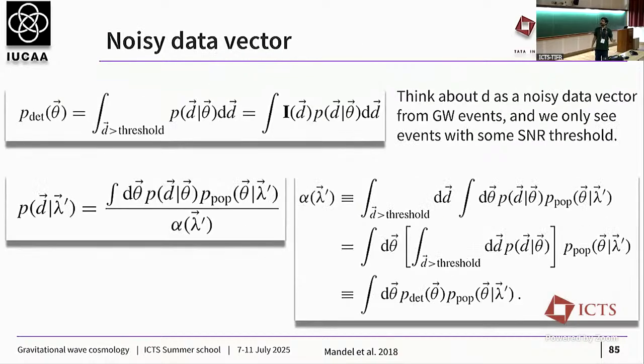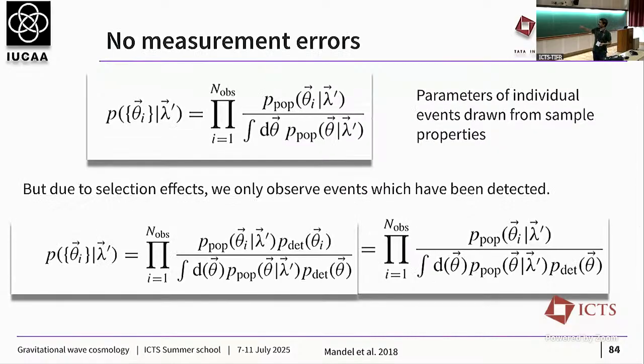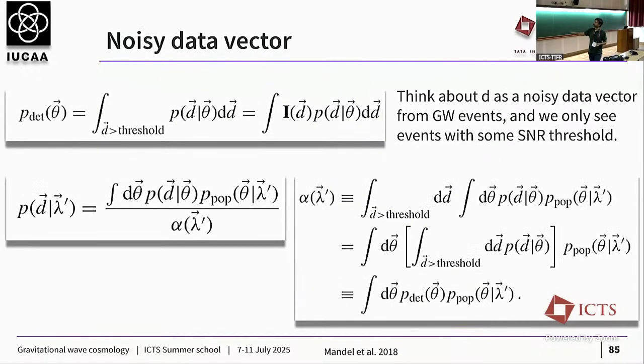Now let's go to a case where we have noisy data. In that case, this detection probability gets modified. Given a theta, you will have certain data vectors, so there are different possibilities. Given the noise realization, you will get different data sets, even though the underlying parameters are exactly the same. So there is a marginalization over D that you can see.